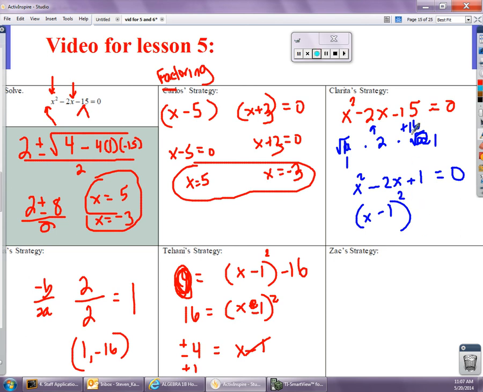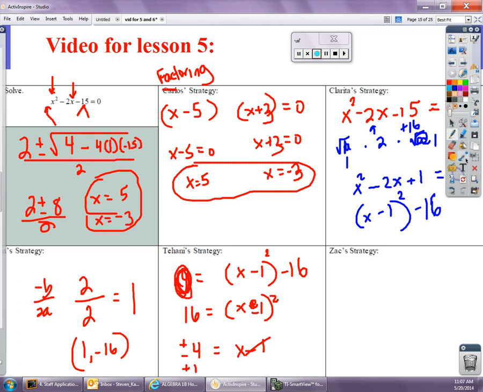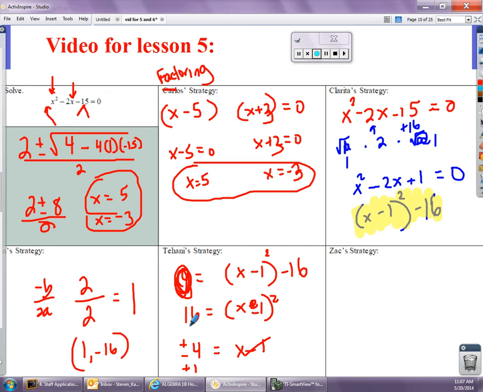And then because I added 16 in the beginning, I'd have to subtract 16 in order to keep the equation the same. And you'll notice that this is the same thing that we got over here. Just another way to find the vertex form of an equation. But again, in this particular problem, I would have used factoring or more than likely the quadratic formula to solve this.